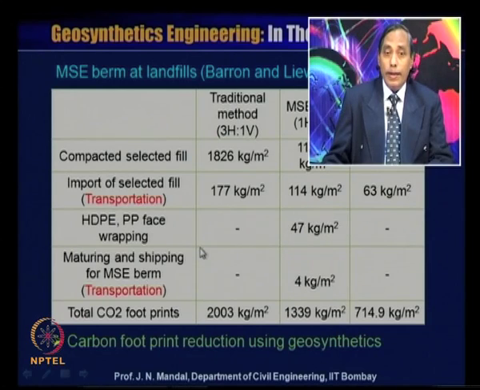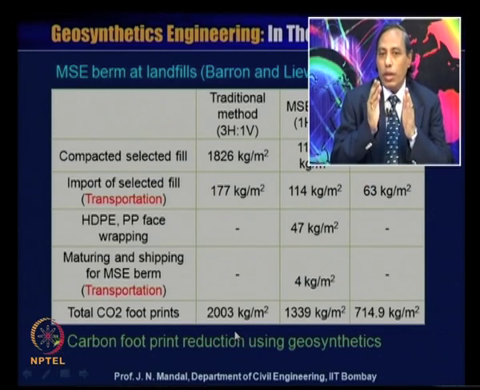So look at this, what will be the total carbon dioxide footprint if you adopt the traditional method. If you adopt the traditional method, you can see that the total carbon dioxide footprint is 2033 kg per meter square.